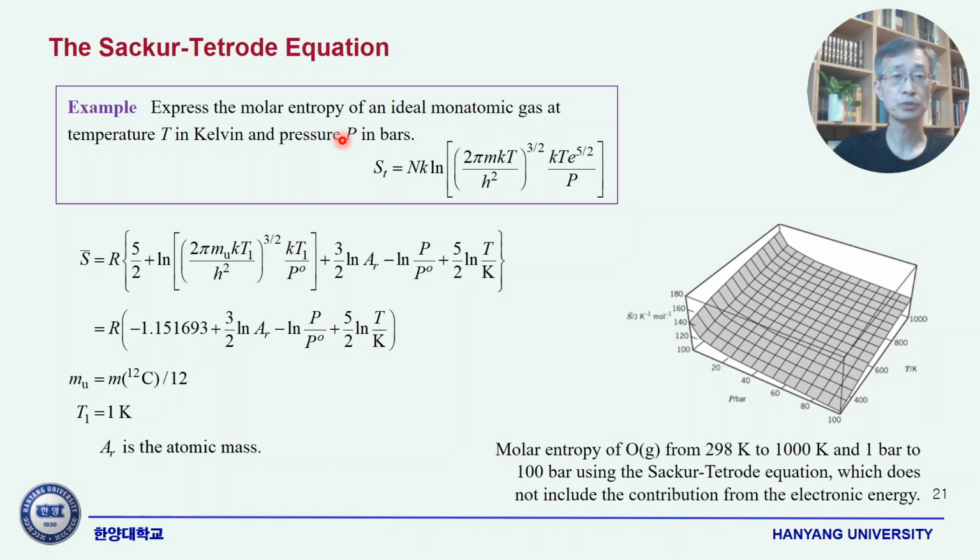T goes from 298 K to 1000 K. Here one unit is 200 K, so this is about twice 200, let's say 298 K, and then it goes to 1000 K. So the T axis is here, and the pressure axis is 1 to 100 bar.